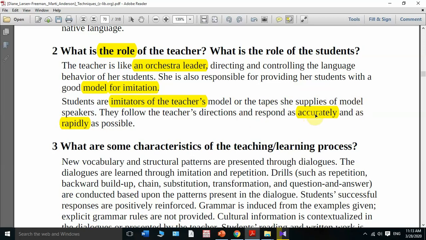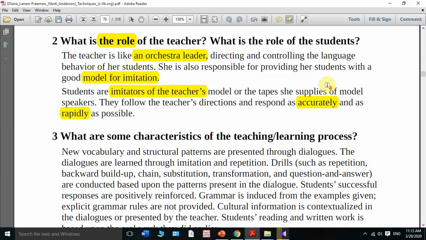What kind of sentences? The sentences that are being produced accurately. So if there is a mistake, we wait, we correct the mistake, and then we continue repeating it. By doing this, the students will be able to produce the sentences without thinking. So this is what we meant by producing it rapidly.